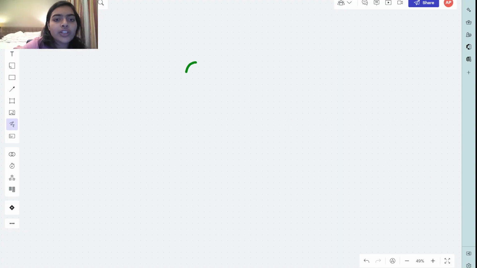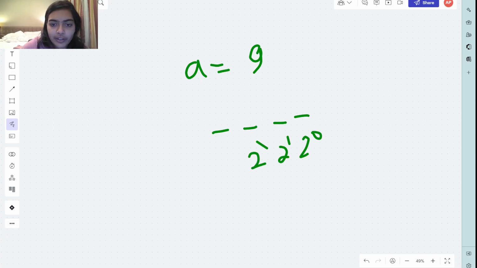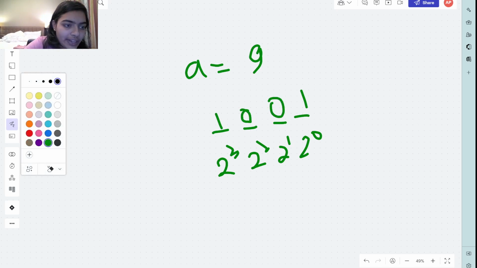Okay. So what is a? a is 9. Let's write the binary representation of 9. 2 power 0, 2 power 1, 2 power 2, 2 power 3. 9 is nothing but 8 plus 1, right? So 2 power 3 is 8 and 2 power 0 is 1. So this is 9. So what is our second condition?